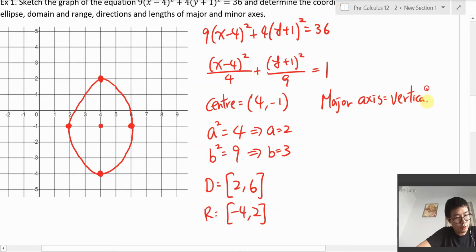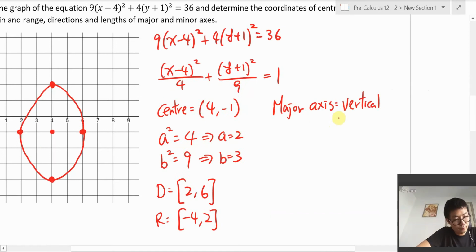You can see it's stretched more vertically, so this is a vertical ellipse with length 6. You can see b is 3, so 3 up and 3 down, twice that, so length is 6.